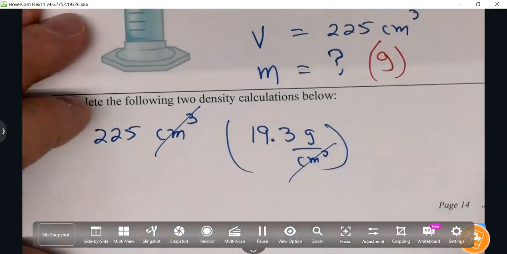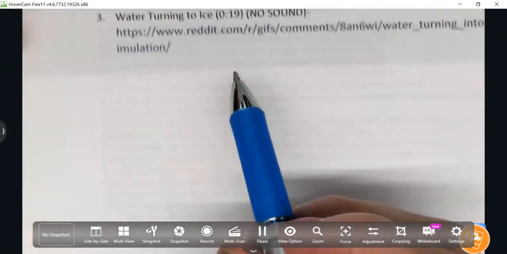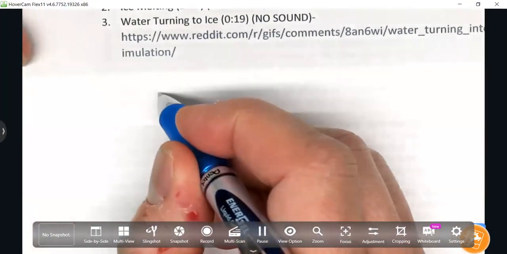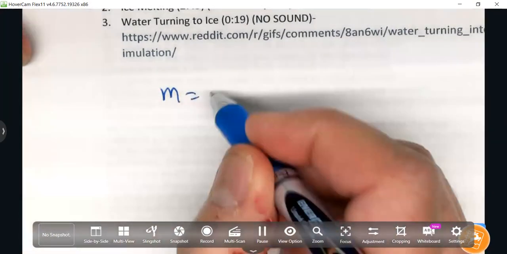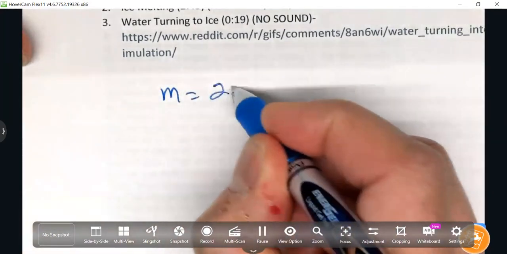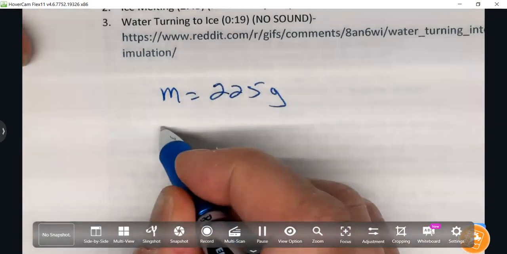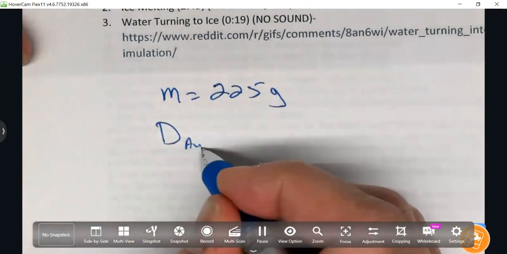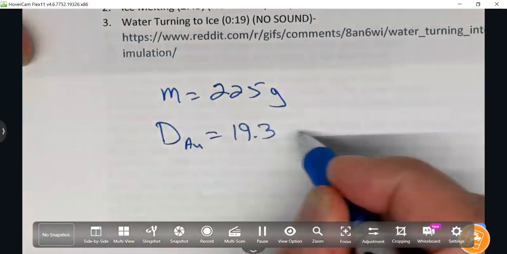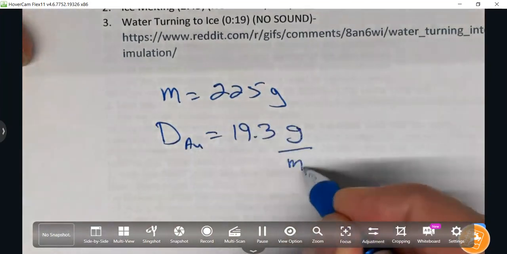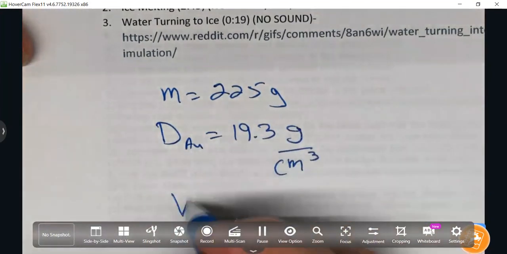Now let's take it the other way. Let's say, it's on the next page, let's say now you have a mass of 225 grams. You've got the density of gold again at 19.3. We're looking for a volume.